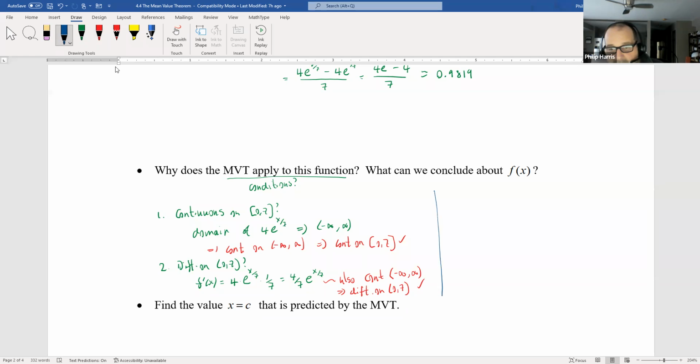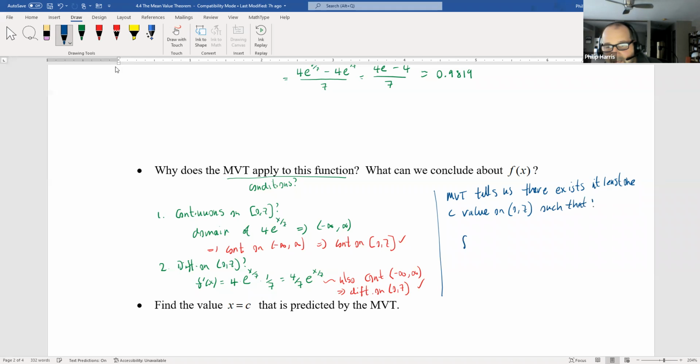So what can we conclude about f of x? The mean value theorem tells us there exists at least one c value on the interval from 0 to 7 such that this is true.